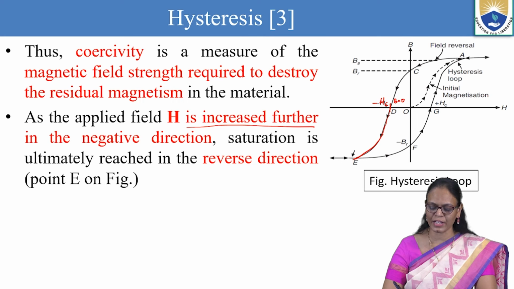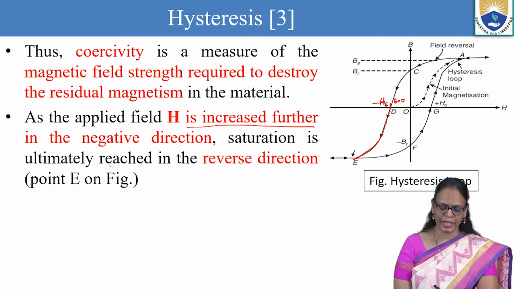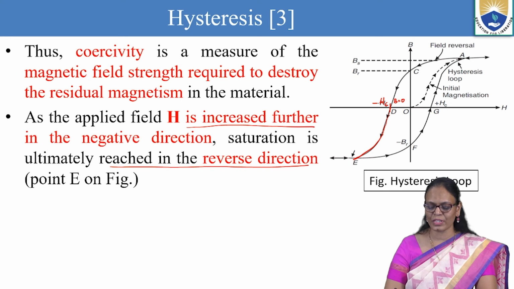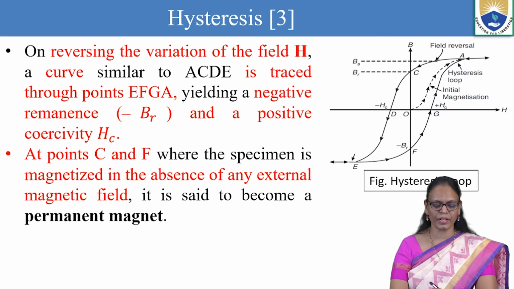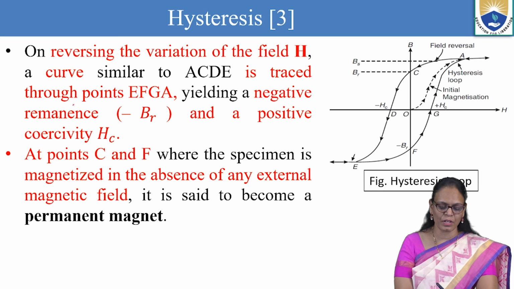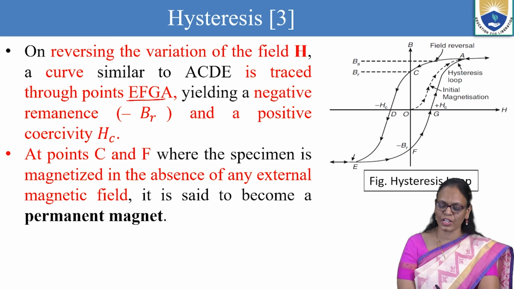It will go along the direction DE, reached in the reverse direction from D to E. As the value of H increases, B increases in the negative direction, that is, minus B. So on reversing the variation of the field, a curve similar to ACDE is traced through the points EFGA.